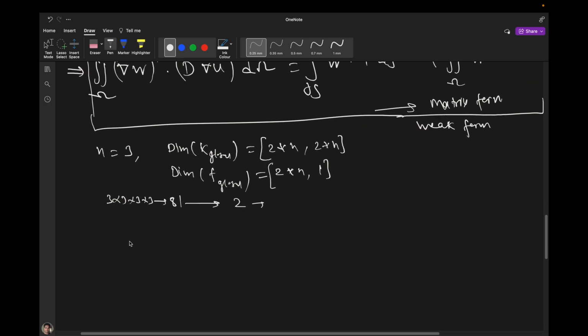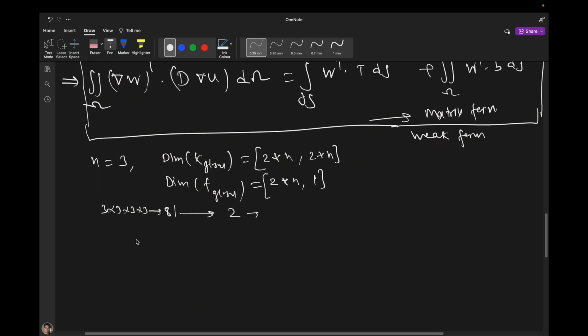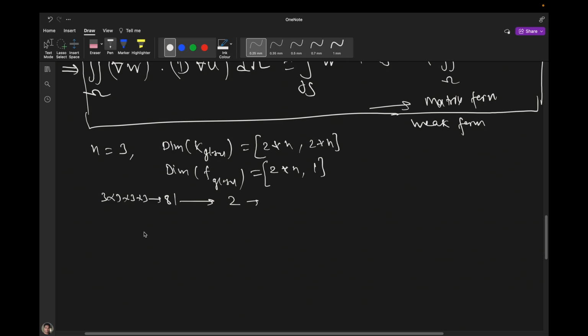After reducing, we can write this 4th order tensor as a second order tensor for a 2D problem.